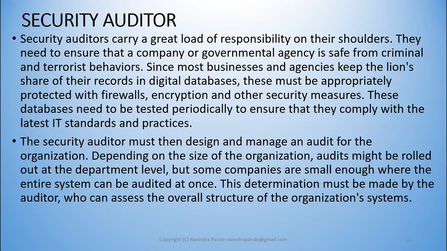The determination must be made by the auditor who can assess the overall structure of the organization and systems. This way, the auditor plans these audits depending upon the threats and vulnerabilities found on a given day or in a previous instance, and then we start auditing. Mostly these audits are periodic in nature, once a month or once a quarter, depending upon your organization's keenness to have them running periodically.